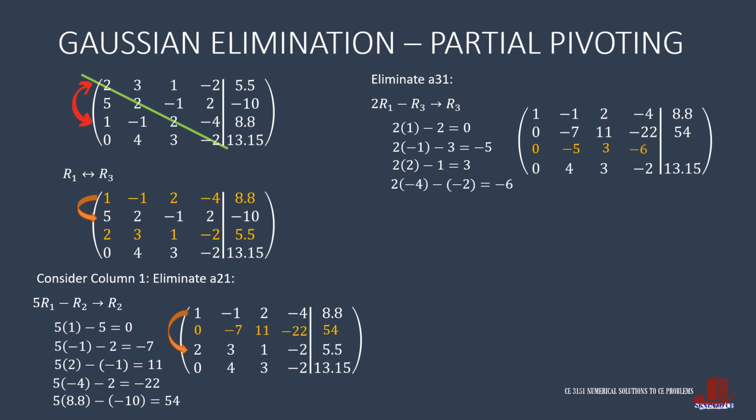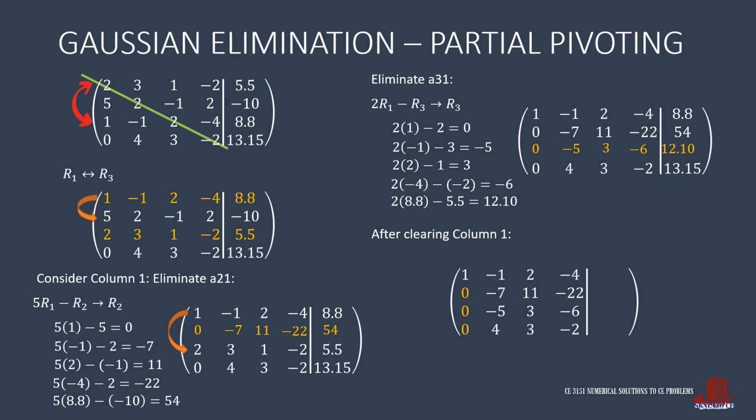Then 2 times negative 4 minus negative 2 to have negative 6. The last element is twice of 8.8 minus 5.5 giving 12.1. Note as well that row 4 has 0 element in column 1. So after the two operations, we have already transformed column 1 in the matrix.